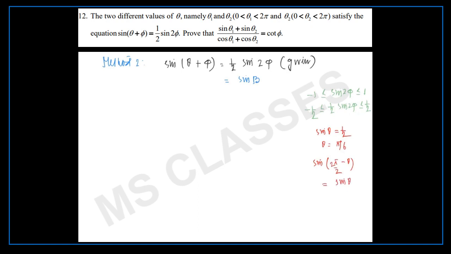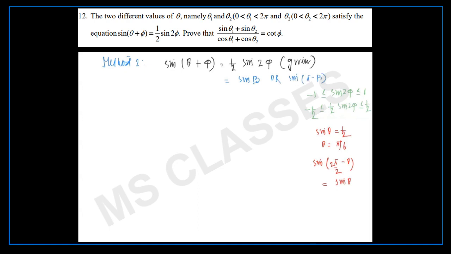We can write sine theta equal to pi by 6. Again, we can write pi minus pi by 6, why? That will give us the same value. Either we write theta, or we can write pi minus theta. Both are possible. So here also, someone can think that this is equal to b or sine pi minus b.